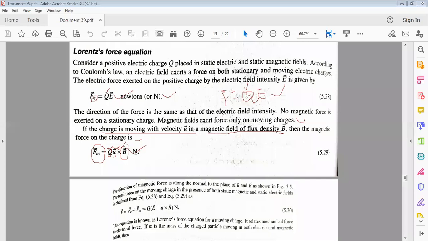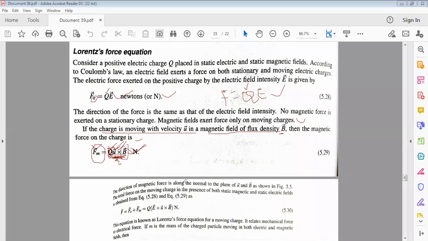In this magnetic flux density, the moving charge Q moves with velocity u, and the net force acts on that moving charge perpendicular to the magnetic flux density, so Q u cross B. From this relation, what you can observe is that the velocity and the magnetic flux density are always perpendicular to each other.